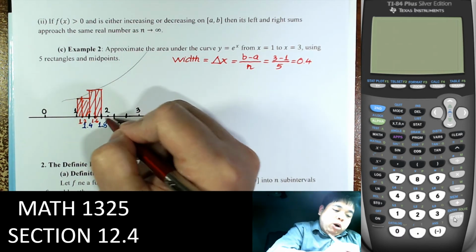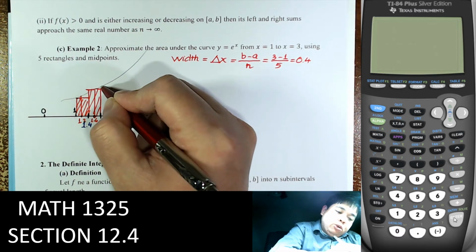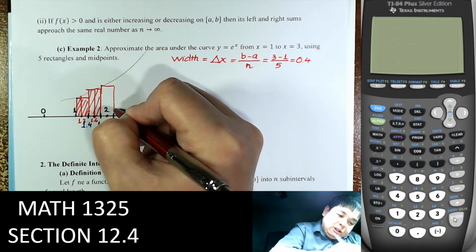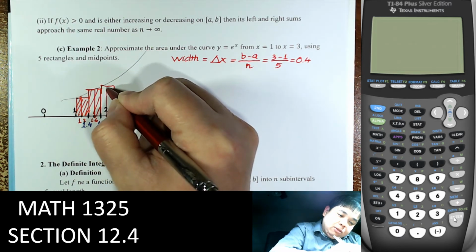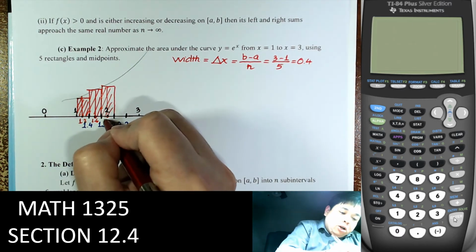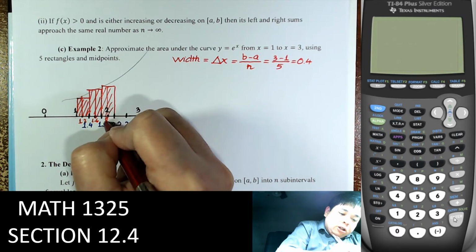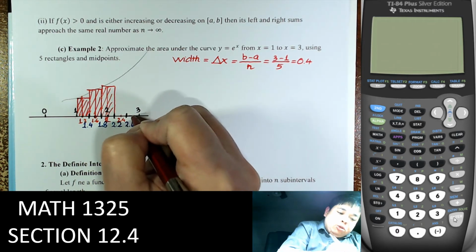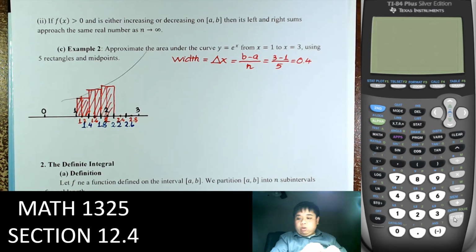Then between 1.4 and 1.8, the midpoint is 1.6, and we find the height for that, and then so on. Between 1.8 and 2.2, the midpoint is 2, between 2.2 and 2.6 it is 2.4, and between 2.6 and 3 it is 2.8. So those are the midpoints, and we use the midpoints to find the height.